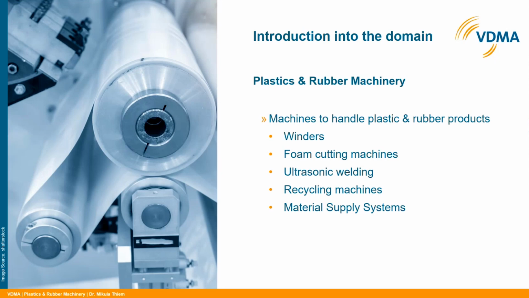And recycling machines and material supply systems to handle material from an entry point up to the delivery to the machine. Of course, these lists I've shown you are incomplete, just to give you an overview about the variety in the plastics and rubber machinery industry.